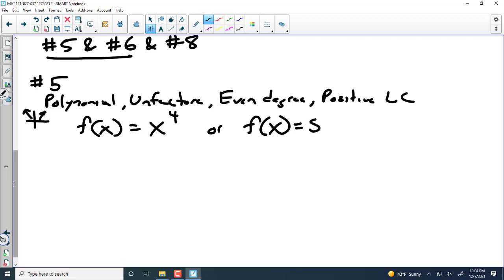This is not what I did on my answer key, but that also is an even degree with a positive leading coefficient, and it has the same end behavior. So this was more just an exercise to get you to think about what characteristics I need to satisfy what Steve's looking for.